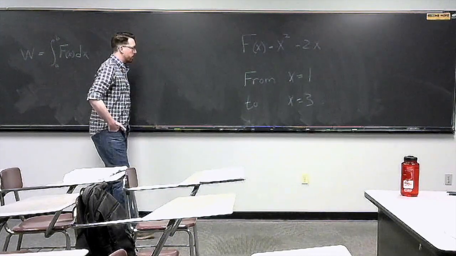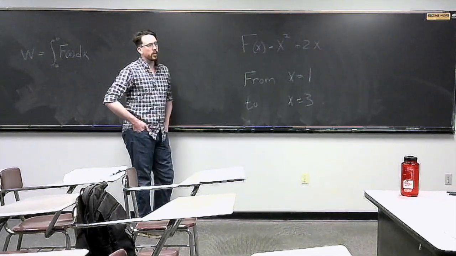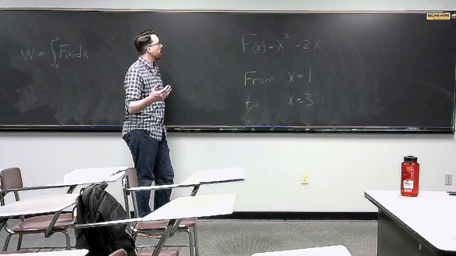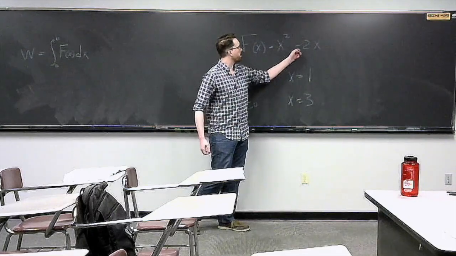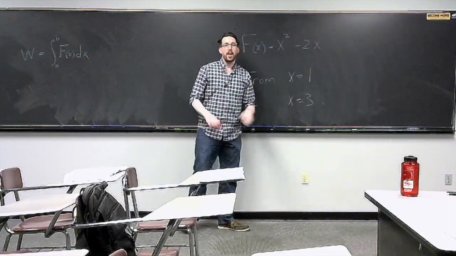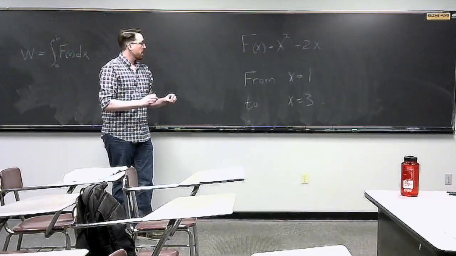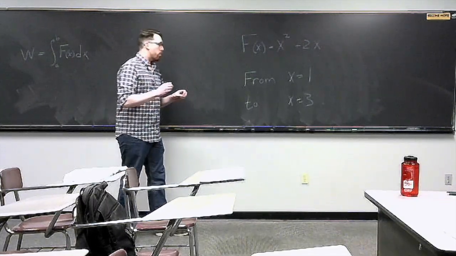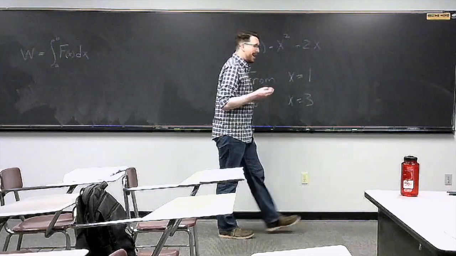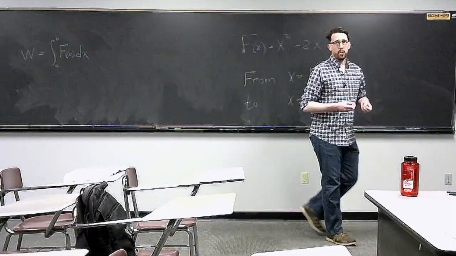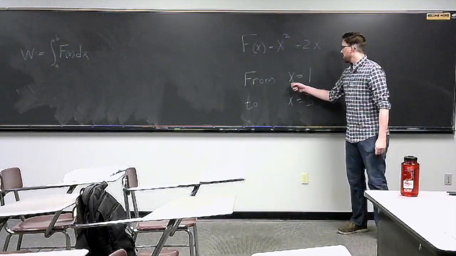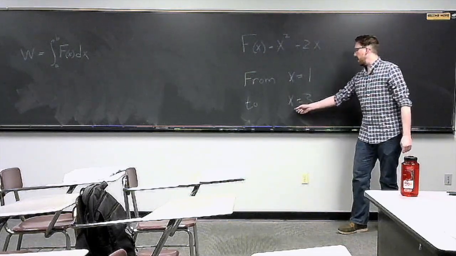And this particle is moving with a force of x squared plus 2x as measured from the origin. Now, what we want to answer is how much work is done by the particle as it moves from x equal to 1 to x equal to 3.